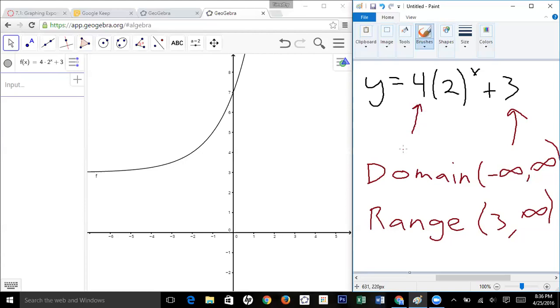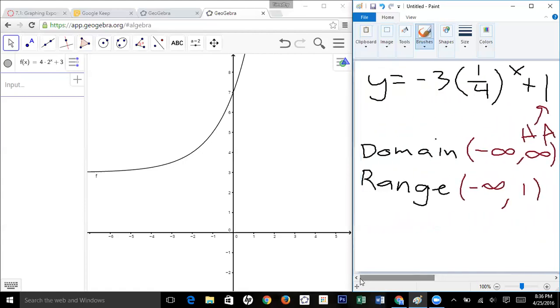That's why 3 is the lowest value in the range, and it goes to infinity. Whereas if we come back to our original function that we did, the +1, it still shifted us up, but then the 3 in front, this -3, tells us that we're going to be below the asymptote, which is why 1 was the largest value in the range, and then it went to -infinity instead of positive.